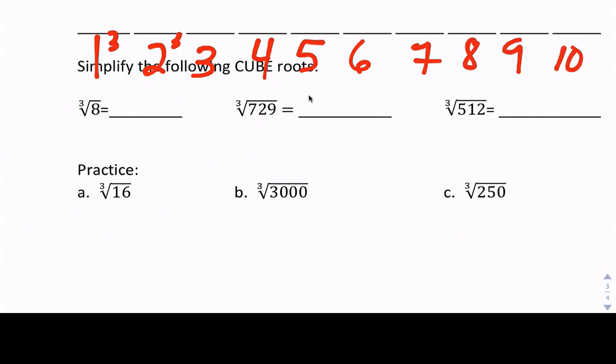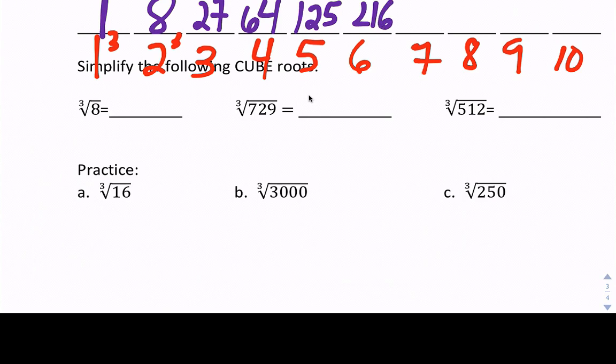So 1 cubed is 1, 2 cubed is 8, 3 cubed is 27, 4 cubed is 64, 5 cubed is 125, 6 cubed is 216, 7 cubed is 343, 8 cubed is 512, 9 cubed is 729, and 10 cubed is 1,000.